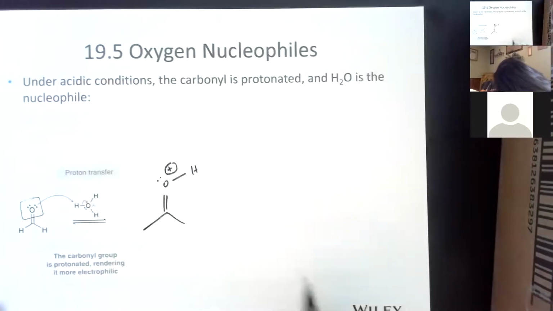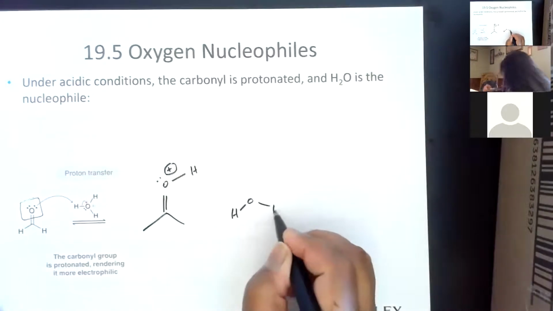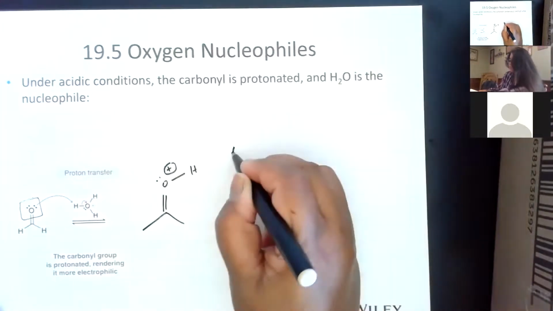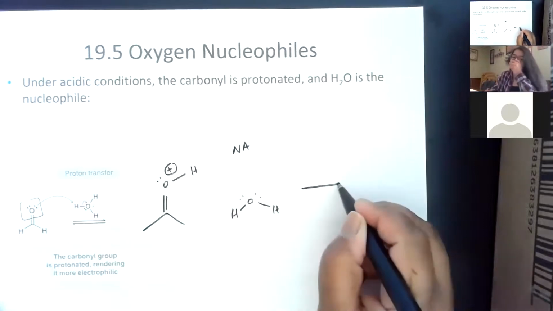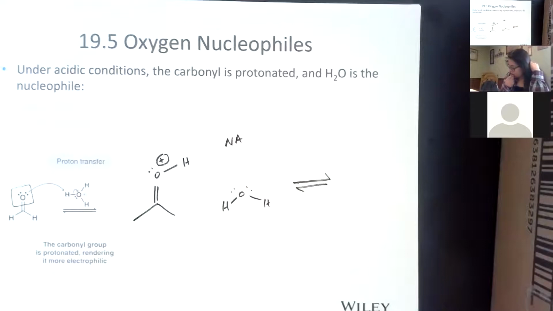Can you predict the product? And then you'll bring in your nucleophile. Show me what happens. Don't worry about the equilibrium arrows. Keep drawing them as regular equilibrium arrows. Will there be another step after that?